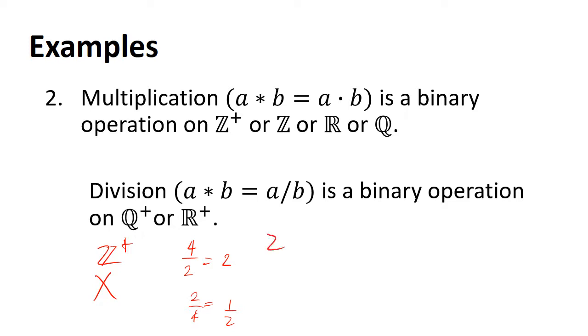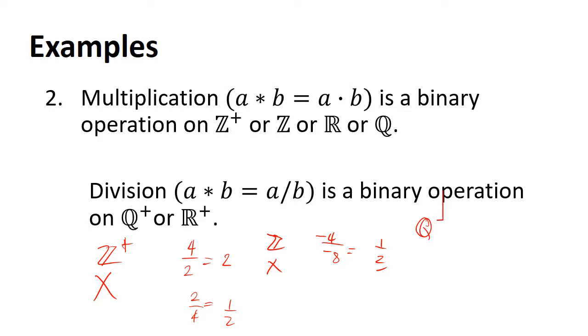How about on the integers? Same thing. If we divide negative 4 by negative 8, we get positive 1 half, and 1 half is not an integer. Therefore, it is not a binary operation on the set of integers.